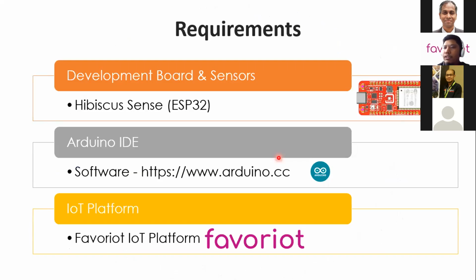The requirements that we need for this hands-on: first is the Hibiscus Sense, and then Arduino IDE. Please make sure everyone has installed this. Next is the Favoriot platform.